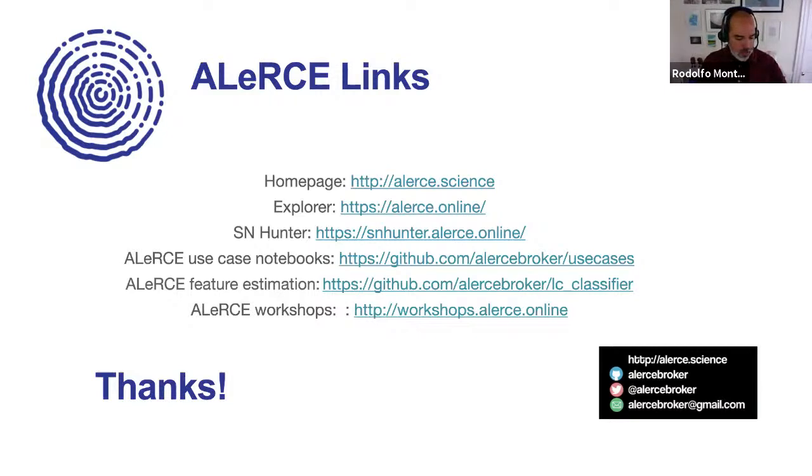Okay. But this will be distributed. You cannot access the alert stream yourself. You have to access it through a broker. And that is for the Vera Rubin, not for the ZTF. For ZTF, anyone can access.